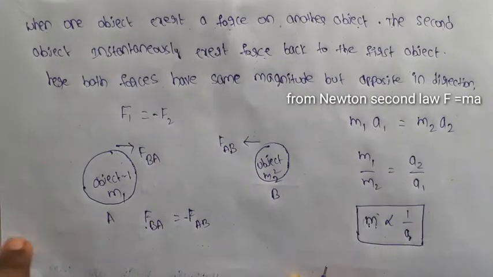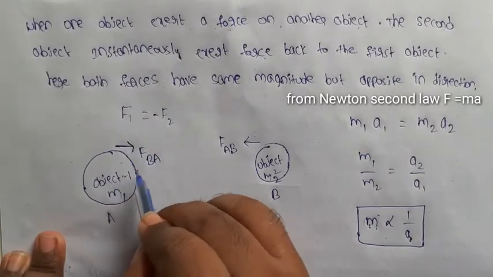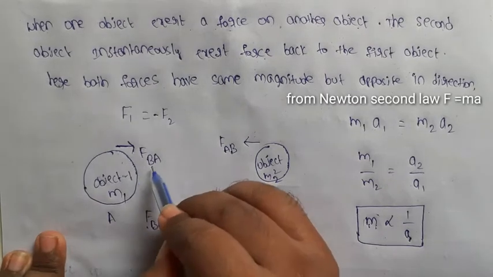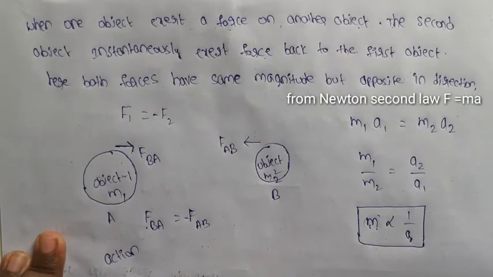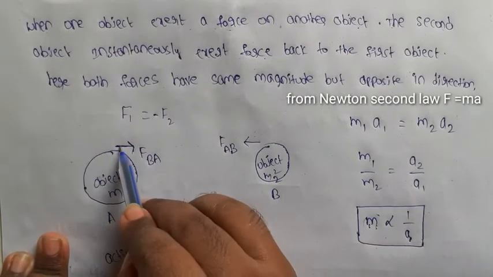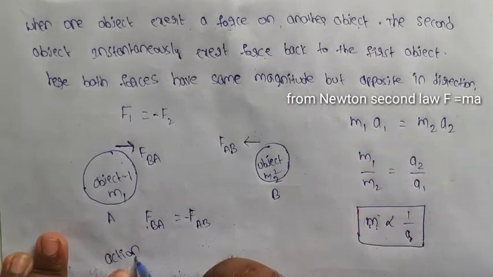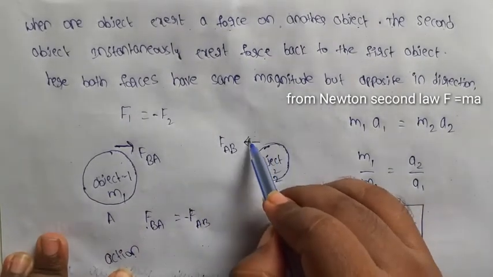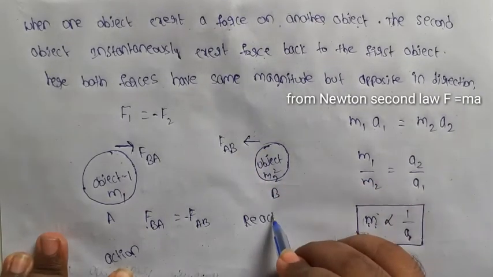Now we are applying a force on object 1, force BA. This applied force we call the action. If you perform the action, then due to this action the ball produces the force FAB, that is the reaction.